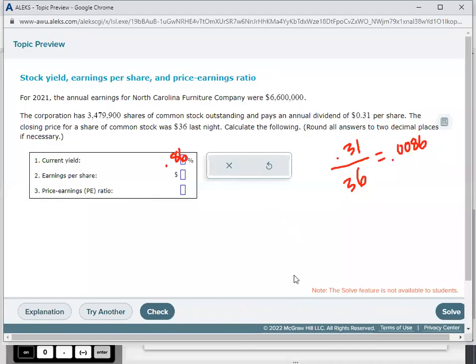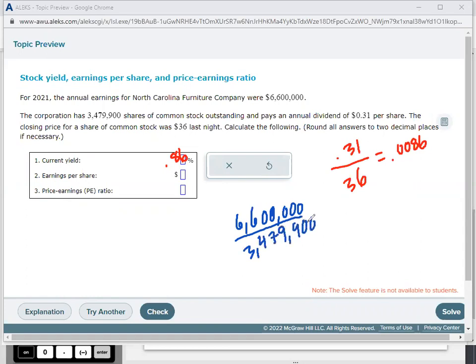Okay, another way of getting an idea of how well a company is doing is examining its earnings per share. Well, and so you do exactly what the name says. You take the earnings of the company, 6,600,000 in this case, and then per means divide. So divide by the number of shares that are currently outstanding.